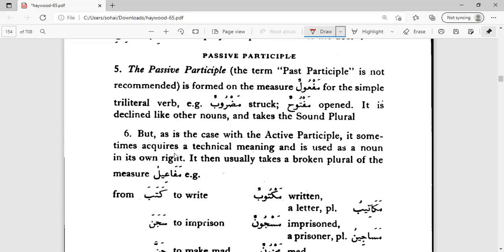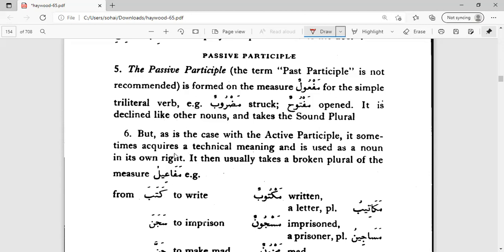So we have done what we call the active participle. Do you remember how to make an active participle? What's an active participle? Come on, we discussed this a few times.